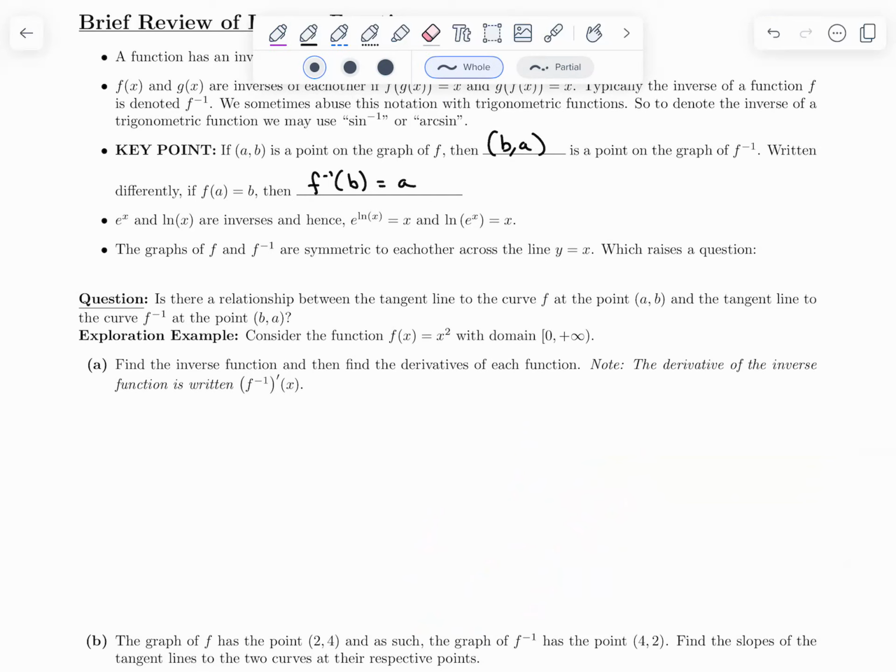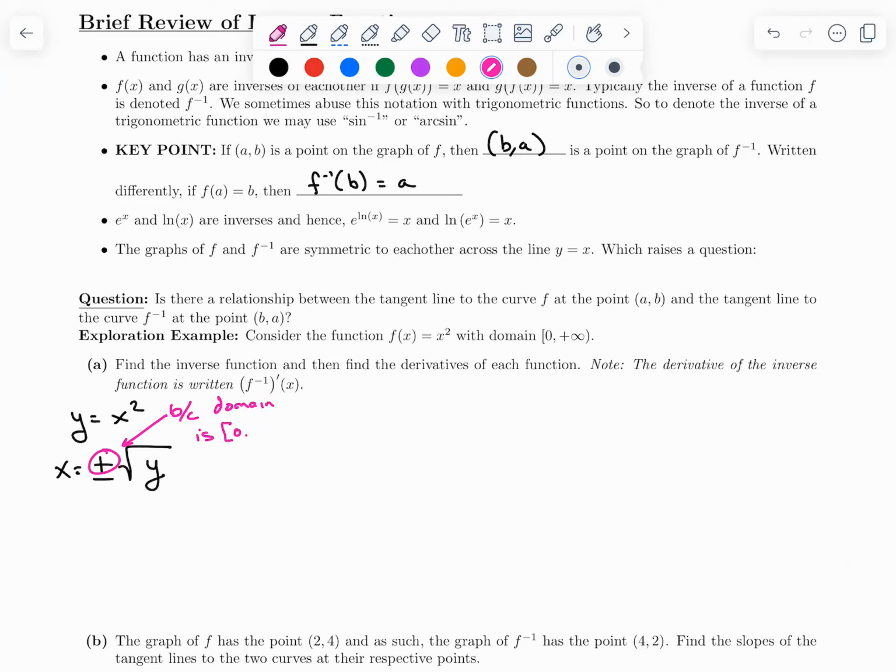To solve it, you make y equal to x squared and solve for x. So x equals plus or minus the square root of y, but we're going to choose the positive because the domain is 0 to positive infinity.